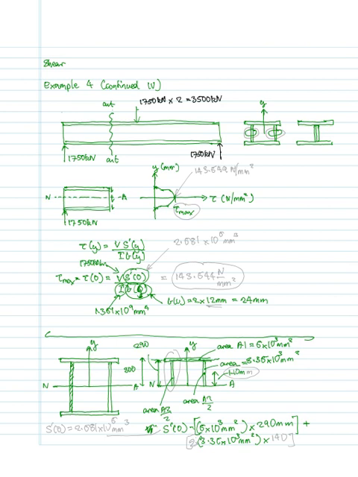And then we need to add onto that the area 3.36 times 10 to the 3 millimeters squared, and that needs to be multiplied by the position of the centroid of that area, and that one is going to be 140 millimeters.